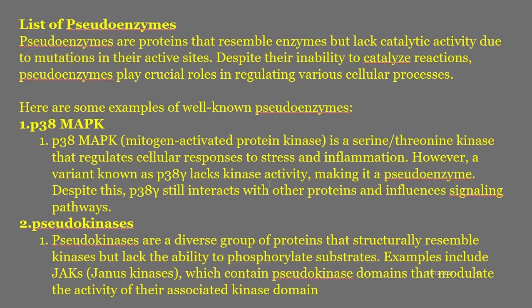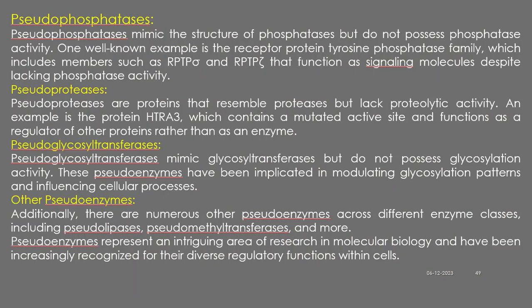What are examples of pseudokinases? They include JAKs, Janus kinases, which contain a pseudokinase domain that modulates the activity of the kinase domain. Now, we will also include pseudophosphatases, pseudoproteases, pseudoglycoside transferases, and the pseudoenzyme itself.